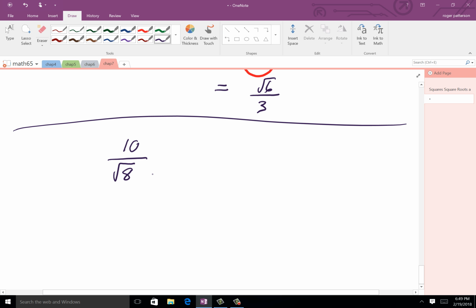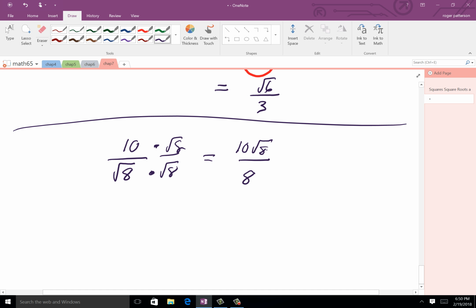So we're just going to rationalize it. All right, so what would we multiply the top and bottom by? Square root of 8, right? Good. So what are we going to get on the bottom? That's an easy one. We're just going to get 8. What are we going to get on the top? 10 square roots of 8.